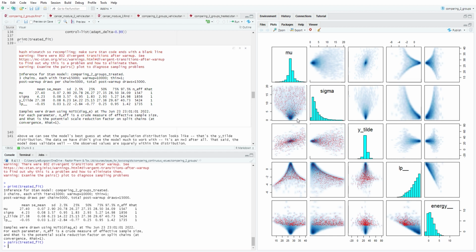And that's not great. Y tilde, we're seeing that we're getting it all over the place. So basically what's happening is we've got divergent transitions all over the place, which is numbers that are not exactly great, and they are diverging from some of the other estimates.